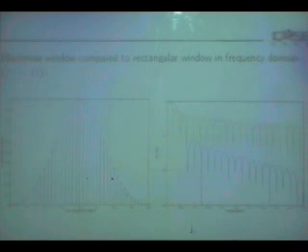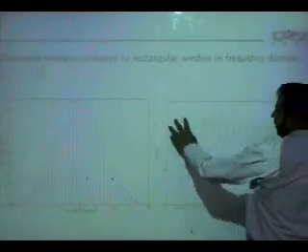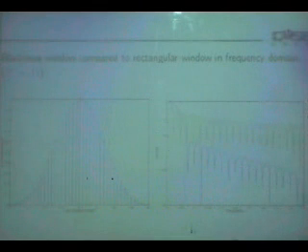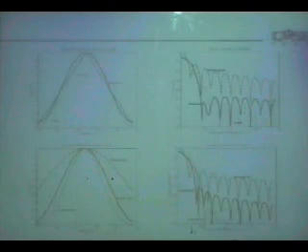Hamming. The Blackman, as you can see again, is getting flatter and gives better stop band rejection. So the Blackman window is this. This is a comparison of a rectangular window.